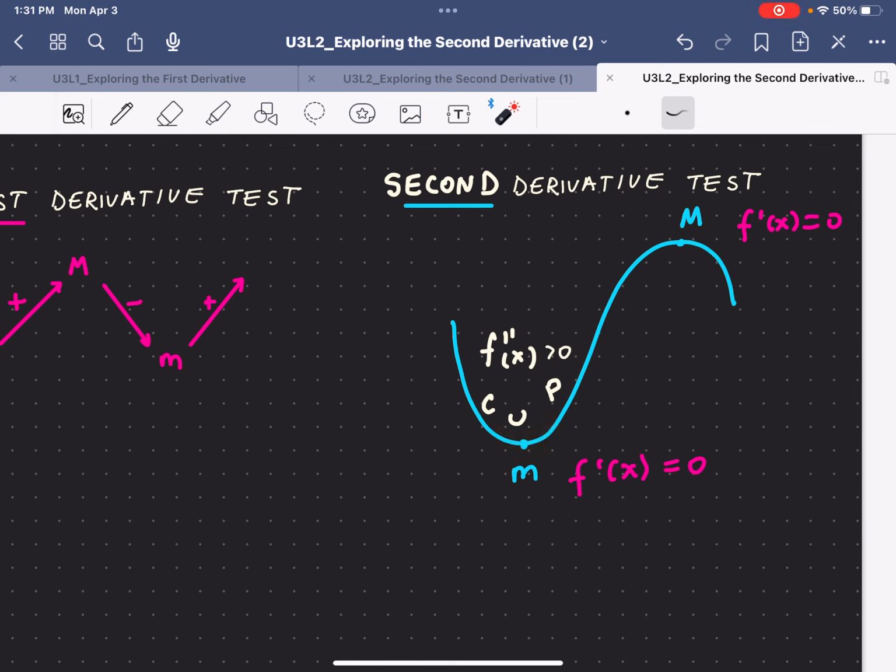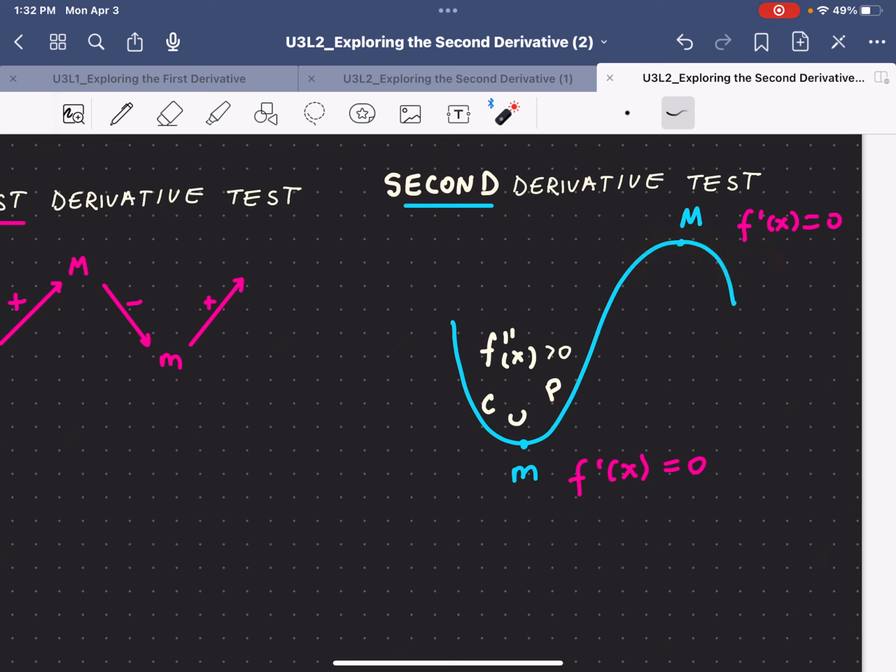Similarly, we reason about the maximum. So we're going to say that the maximum is located at a point where the first derivative is 0. So that will give us just the x value where the function has an extrema, but we won't know exactly whether this is a min or a max unless we check the shape of the graph in this section.